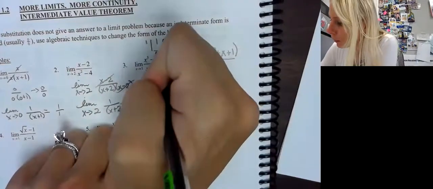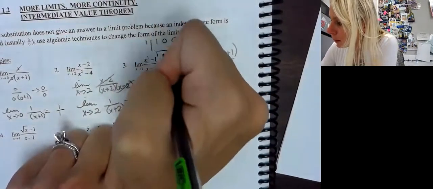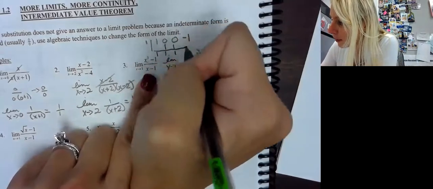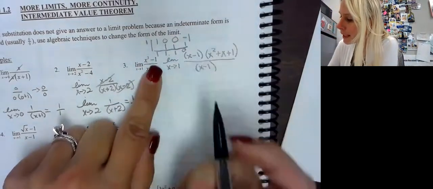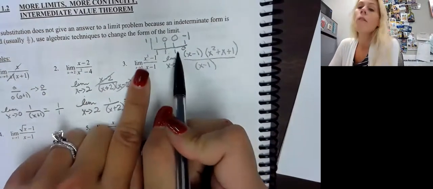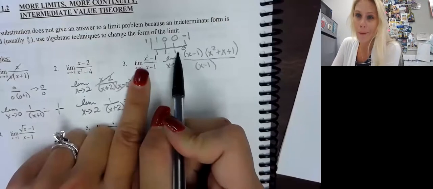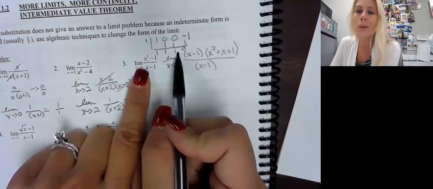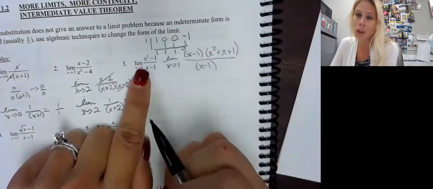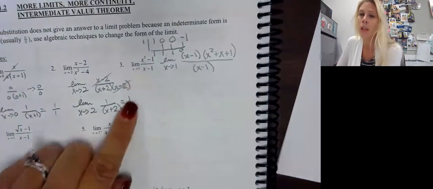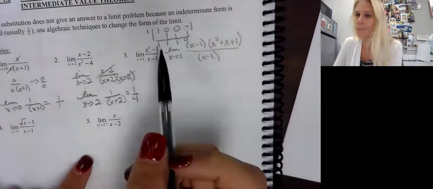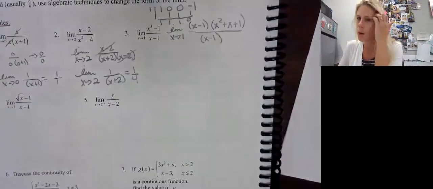Remember what we do, we bring down, multiply, add, multiply, add, multiply, and that's where we get our x squared, x, and 1. For those of you who have no idea what I'm talking about, make sure that you put a star next to this number and make sure you ask me questions next class so I can show you how to do this. Now, are we going to run into the cubic identity a lot? No, it will appear once in a while.